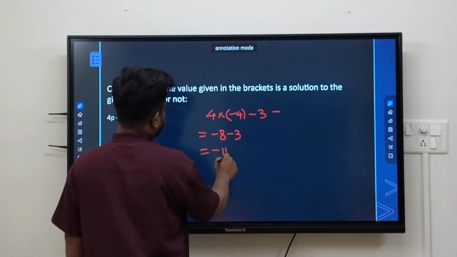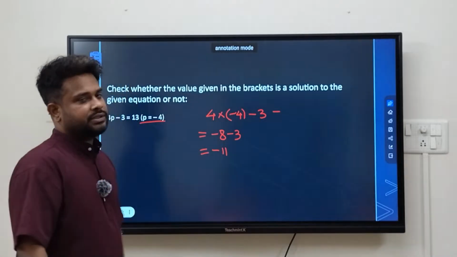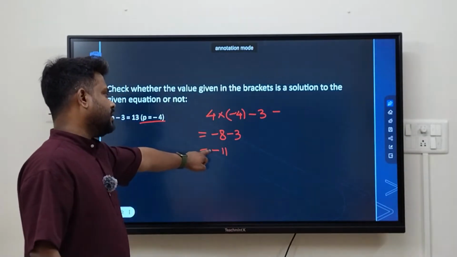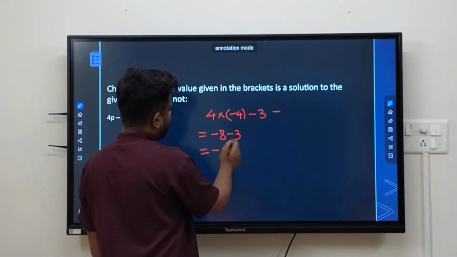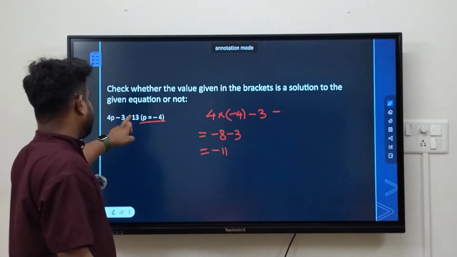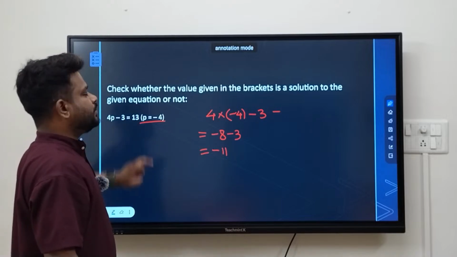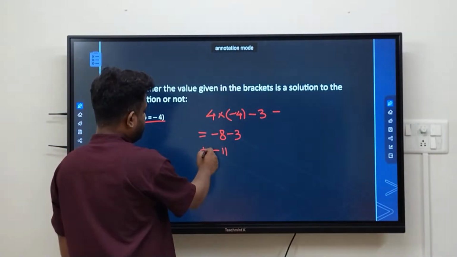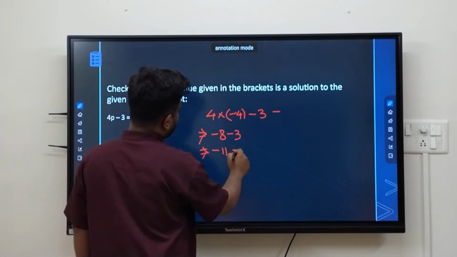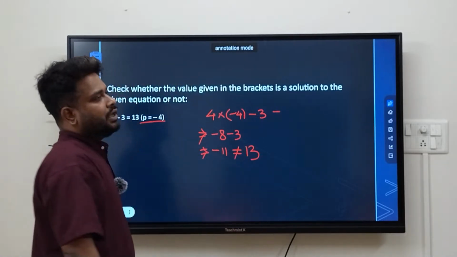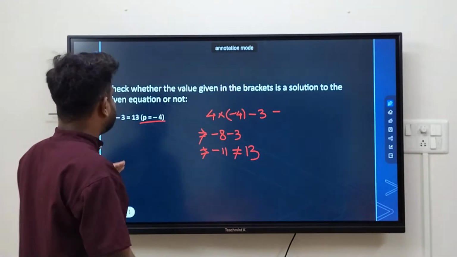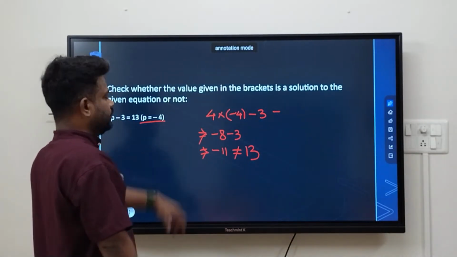When there are two subtraction signs, the sign becomes minus and the numbers get added, so the answer will be 11. So is 11 equal to 13? No, right? So 11 is not equal to 13, so this answer is not authentic, or this answer is not the solution of the equation.